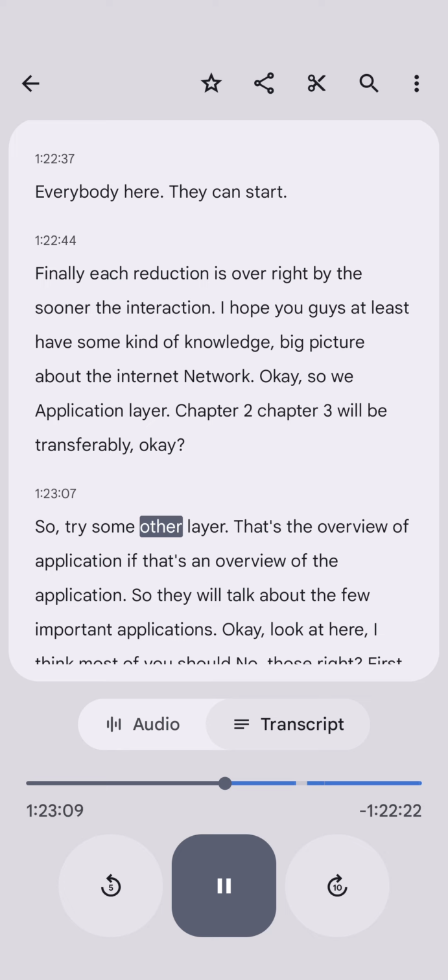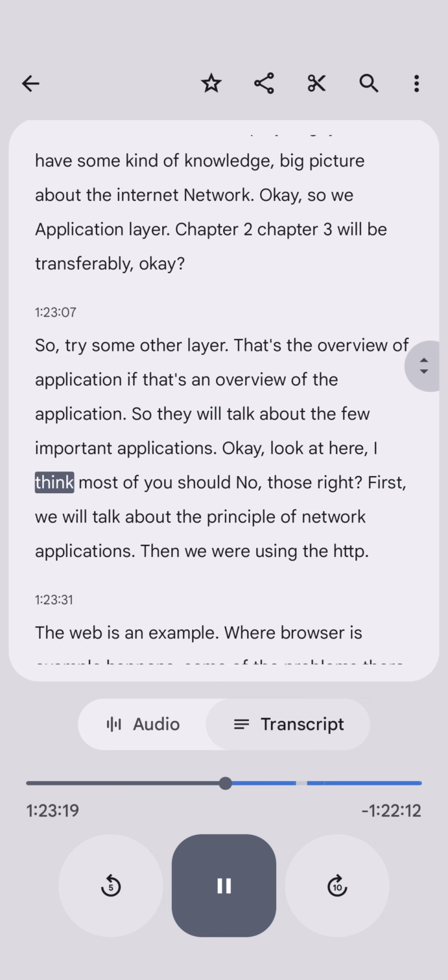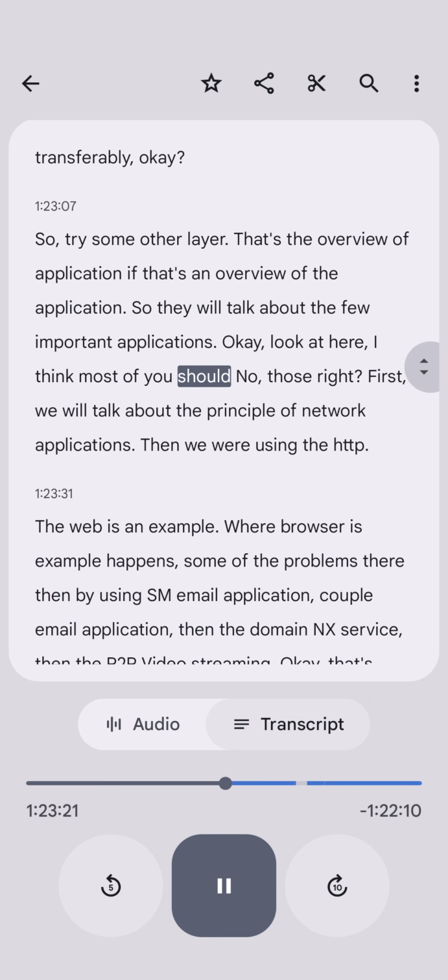That's an overview of the application layer. They will talk about a few important applications, okay? Look at here, I think most of you should know those, right? First, we will talk about the principles of network applications.